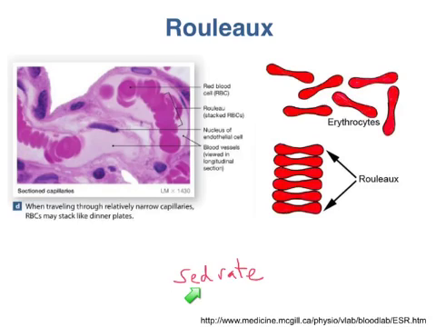Red blood cells in these stacks called rouleaus, the stacks are denser, so the red blood cells settle faster. So you see an elevated sed rate in inflammation. So when you have a patient with chronic inflammatory conditions, they'll have an elevated sed rate.